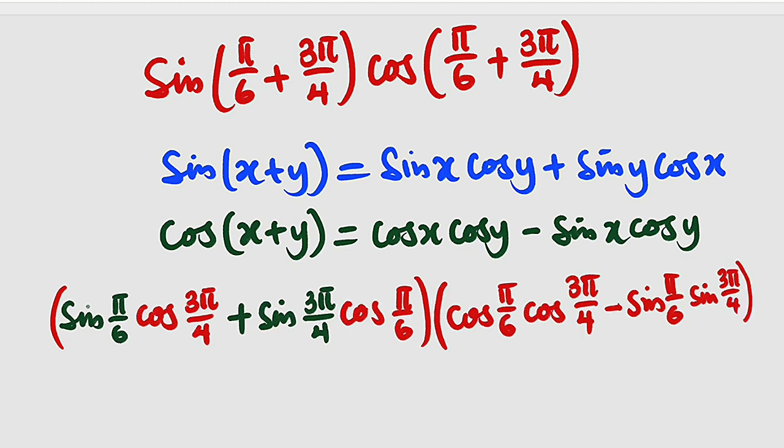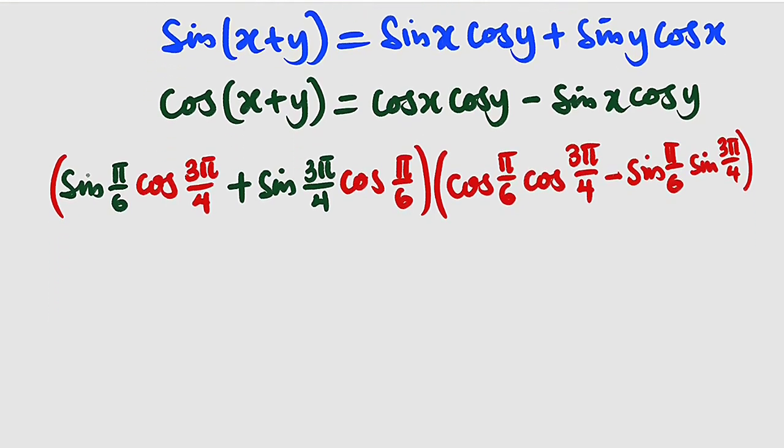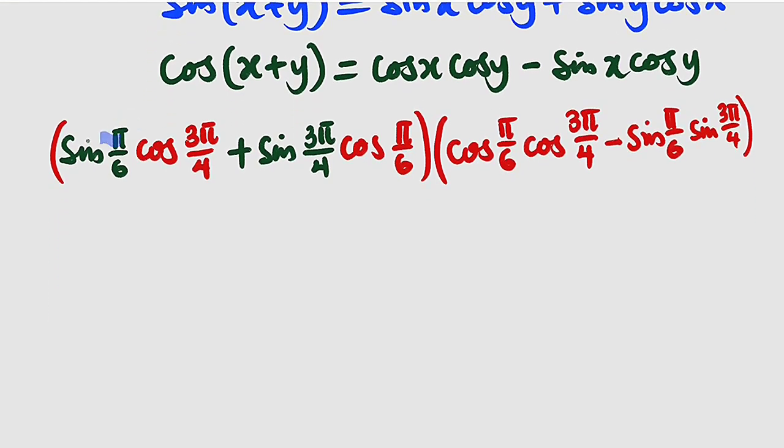Alright, from here we can start finding these ratios. Let's start by finding sine of pi divided by 6. Remember, it is equal to 1 divided by 2. So we have 1 divided by 2 multiplied by cosine of 3 pi divided by 4, which is equivalent to negative root 2 divided by 2.